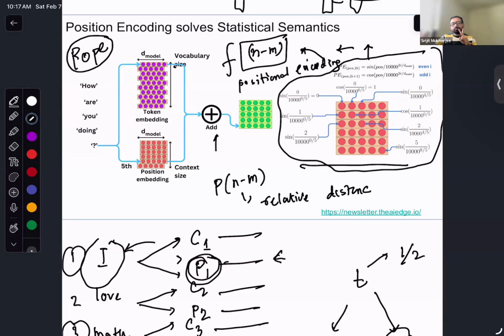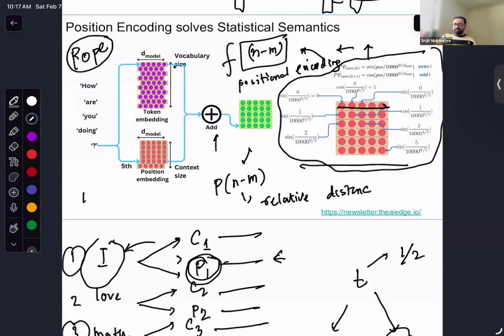Because they have two conditions. One is the vector dimension, and another is that it should be a function of n minus m, the relative distance. That's why they came up with sinusoidal and cosine curves, because they have a natural periodic property, the theta. That periodic property helps you build a function of just the relative distance.